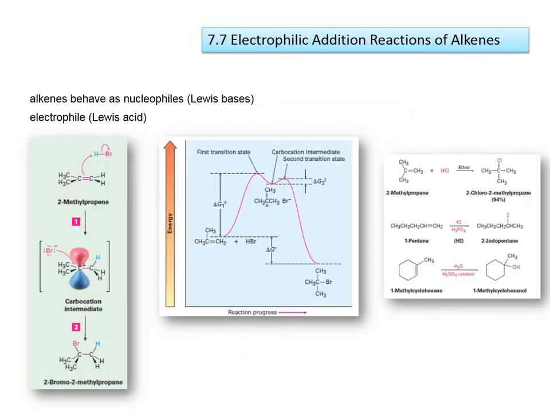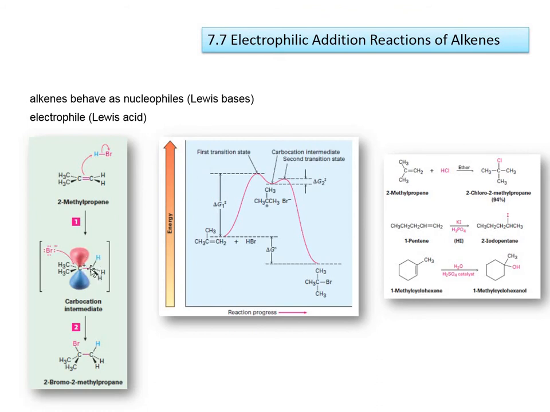Okay, let's move to the next topic. The next topic is electrophilic addition reactions of alkenes. This topic we have already seen in a previous chapter. What is the reaction? We have an alkene. An alkene reacts with an acid, HBr, sometimes it can be HCl, and what do we generate?